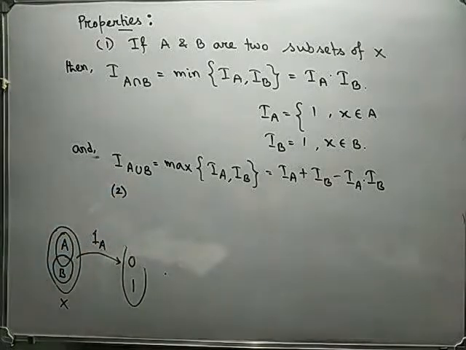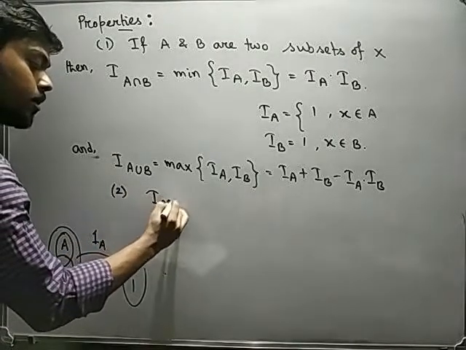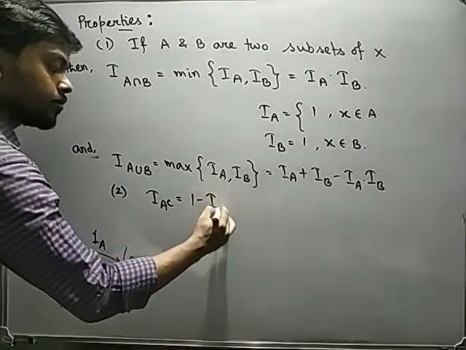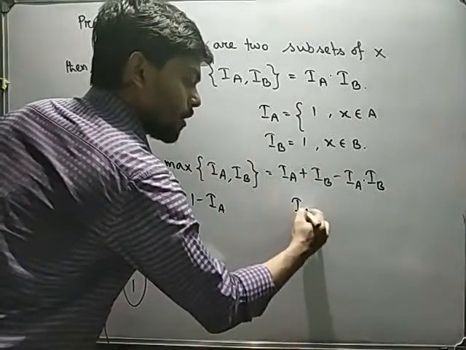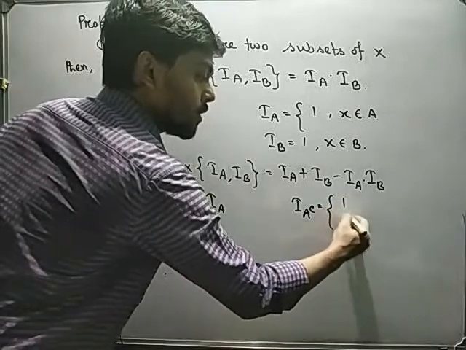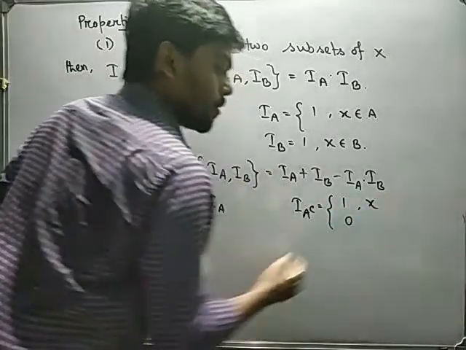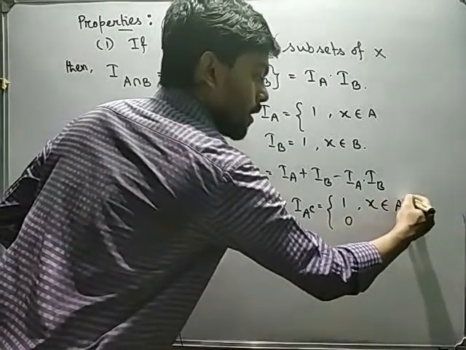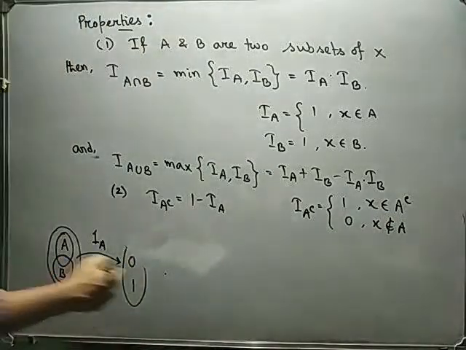the number 2, I of A complement can be defined as 1 minus I of A. And why? So I of A complement will take the value 1 and 0. It will take the value 1 if X belongs to A complement, and 0 if X doesn't belong to A complement.